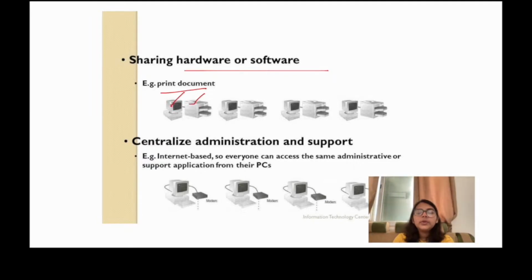So if we want to take an output from the computer, we can easily connect to a printer and get an output, that is, we can make a hard copy of our soft copy or digital copy of our document. Okay, and centralized administration and support.